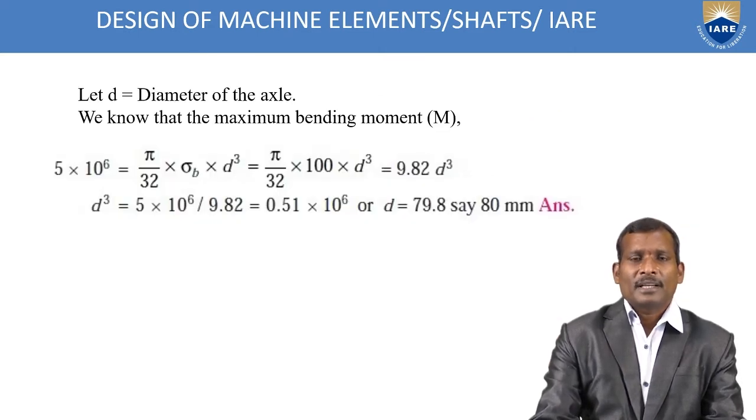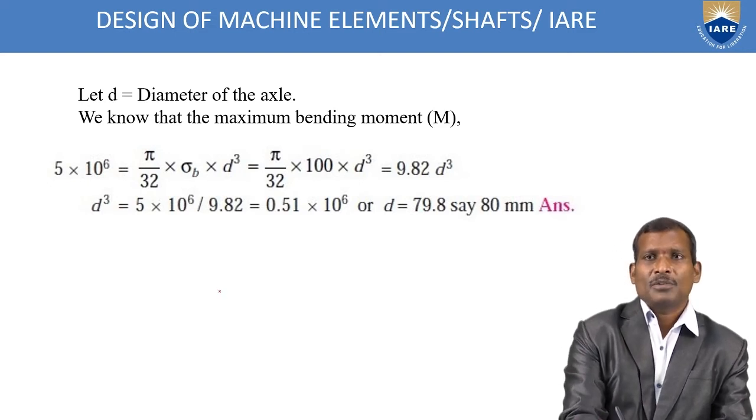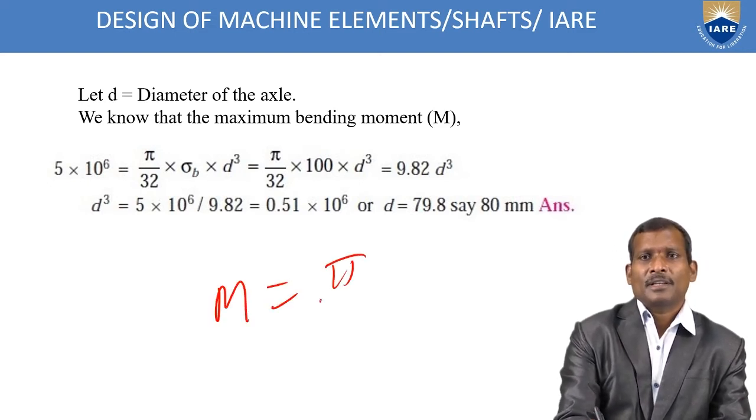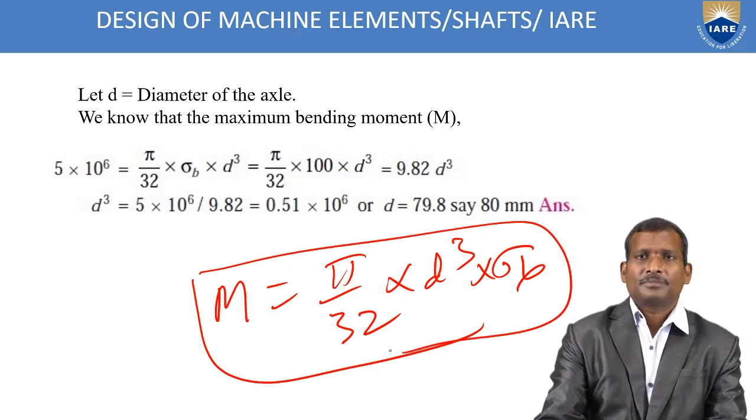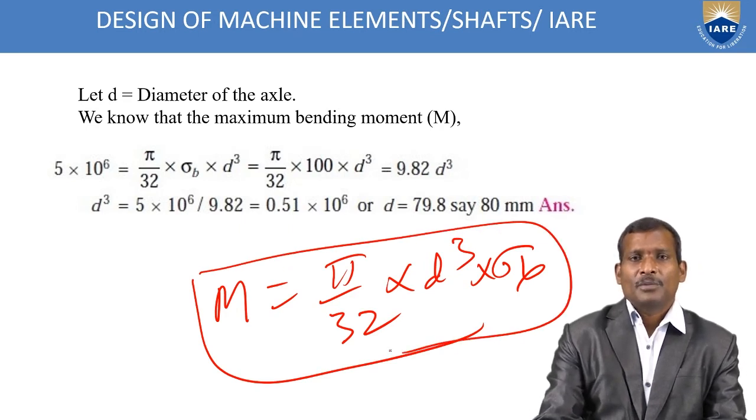So now let d be the diameter of the axle. We know the maximum bending moment equation, M is equal to 5 by 32 into d cube into sigma B. Already we have studied this in the shaft design.